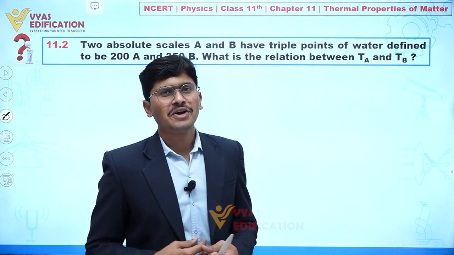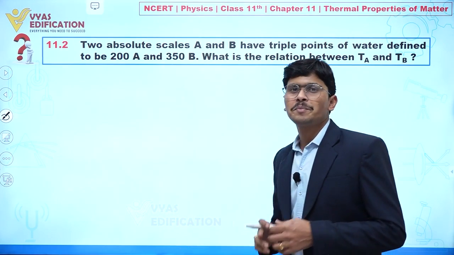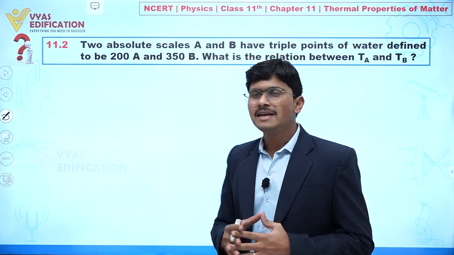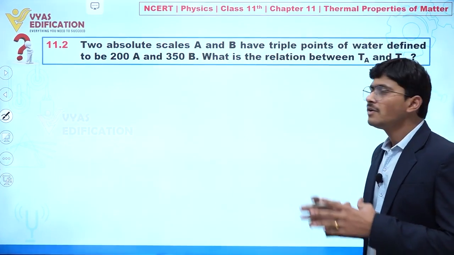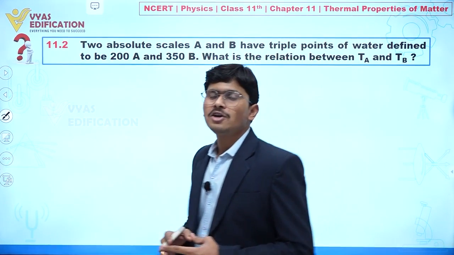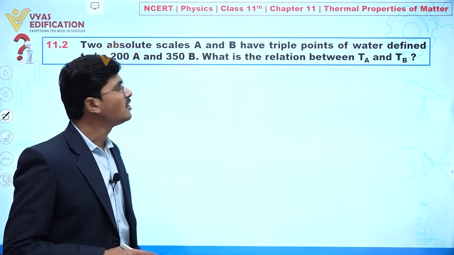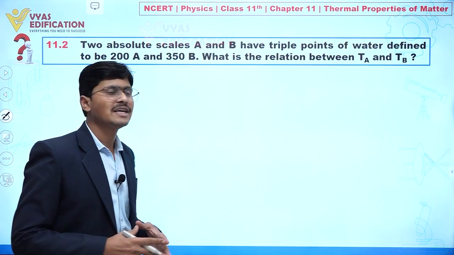Now student, we are going to discuss question number 11.2, and in this question it is given to you that two absolute scales A and B have the triple point of water defined to be 200 Kelvin and 350 Kelvin, clear. So what is the relation between temperature TA and TB?